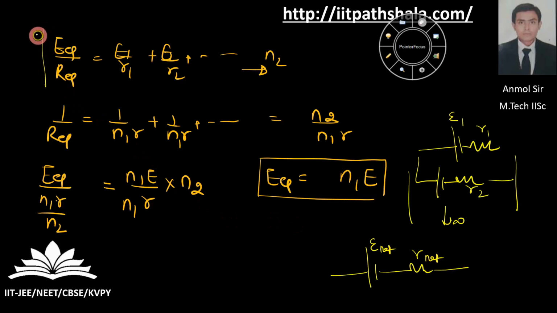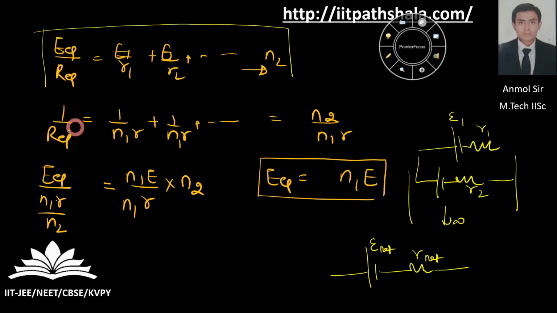I have to take this formula which says E equivalent by R equivalent is nothing but the individual contribution of each battery and resistor, E1 by R1, E2 by R2, and so on, up to the number you are having. Similarly, you have to find the R equivalent to find the E equivalent over here.